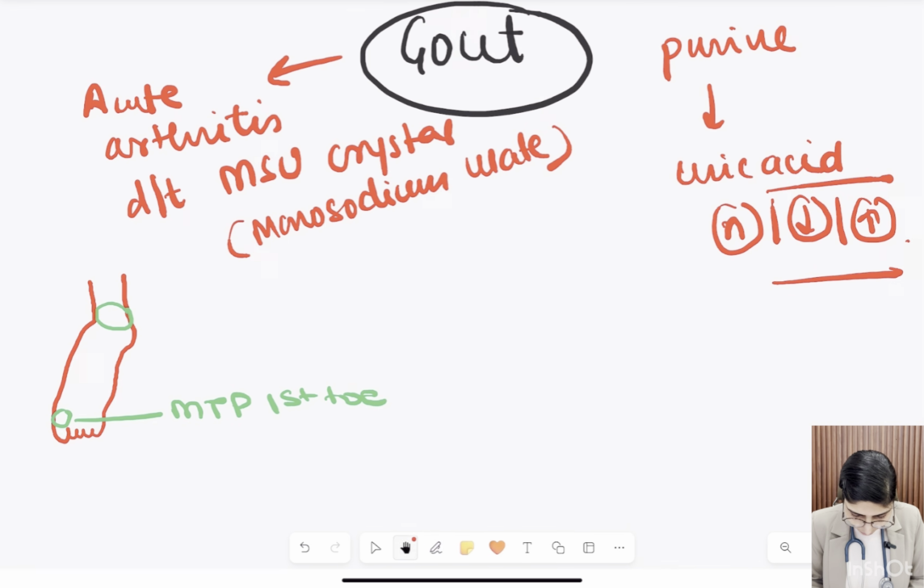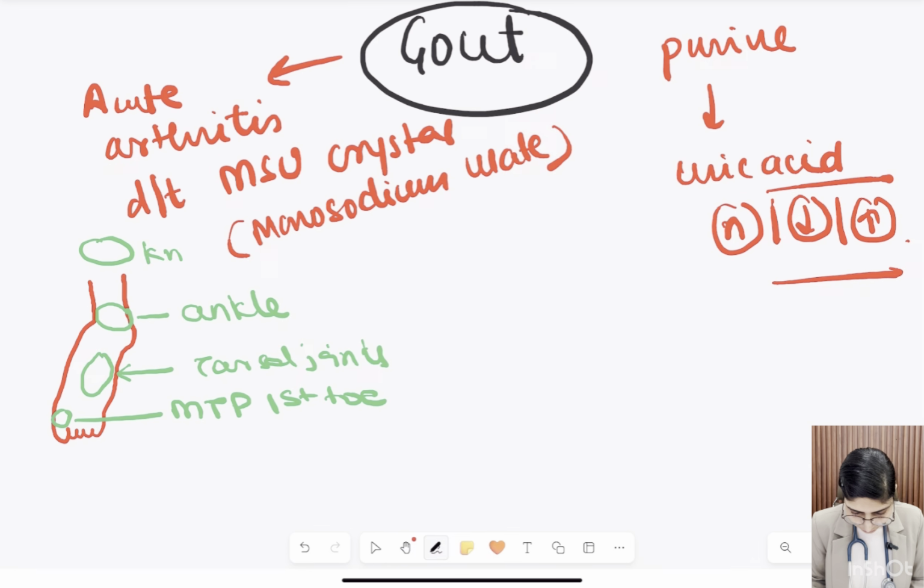And the second is the ankle. Third are the tarsal joints. And then there can be involvement of the knee. So MTP of first toe, followed by ankle, followed by tarsal joints, followed by knee.